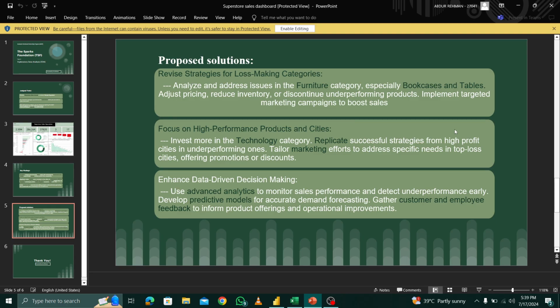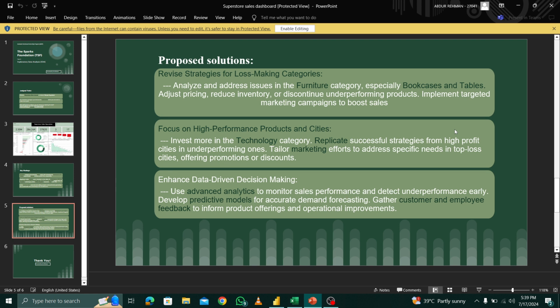And at the third number, we can enhance data driven decision making. So, as we see, we have performed the data analysis, and that is telling us a story of each category and subcategory and of different cities. We can also see the cities that are generating loss.